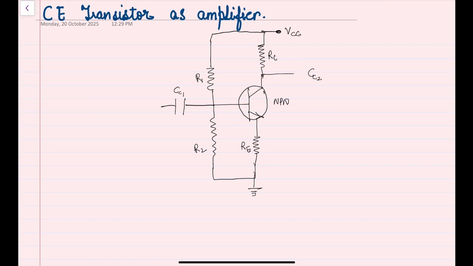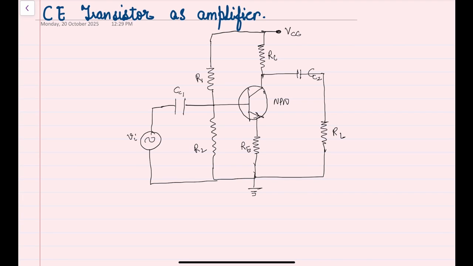We will be discussing shortly what they actually are. The output is taken from the load resistance RL. The signal which we are to amplify is given as the input Vi. So this is the drawing of the common emitter amplifier.